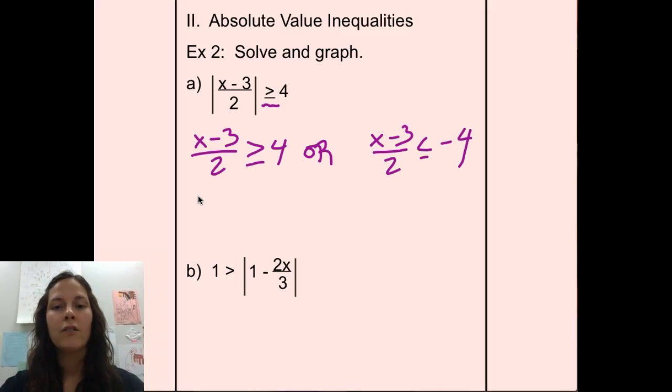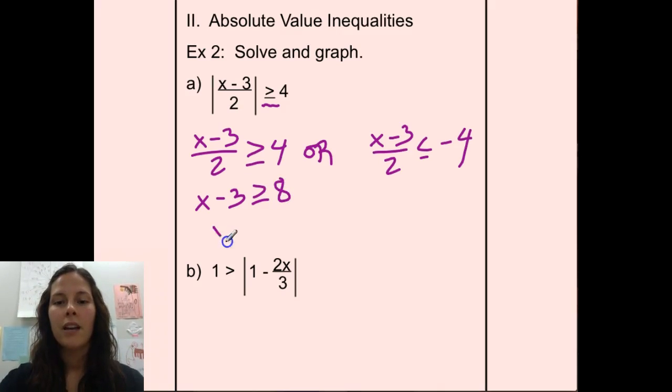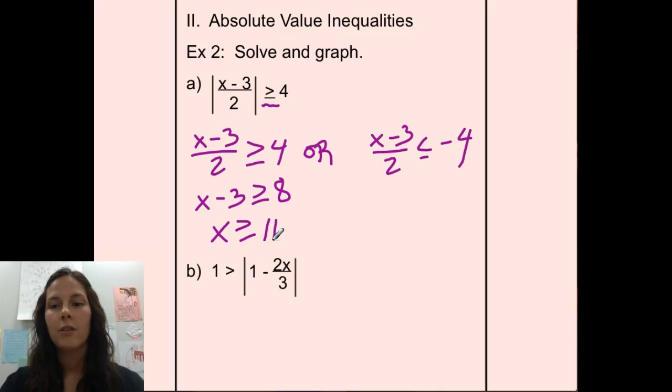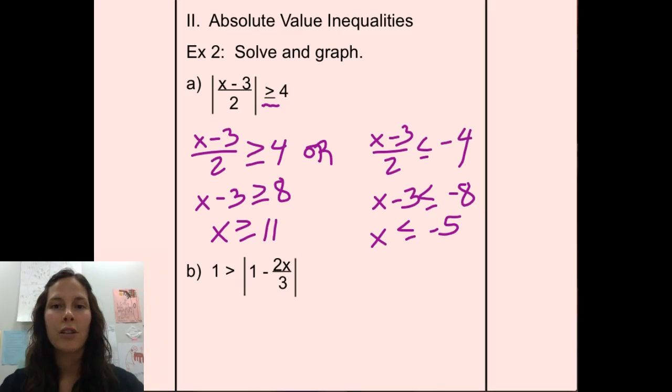Now we will solve each of these separately, multiplying both sides by 2 and adding 3. On the other one, again, multiplying by 2 and adding 3. We have either x must be greater than or equal to 11, or x must be less than or equal to -5.